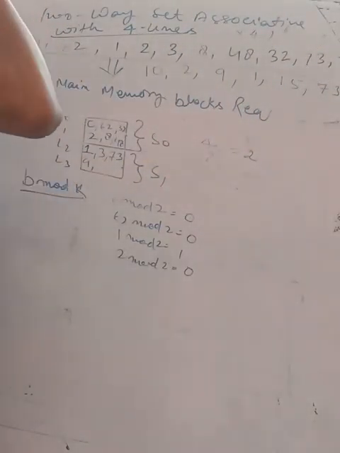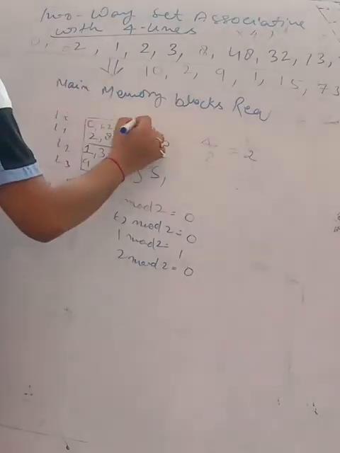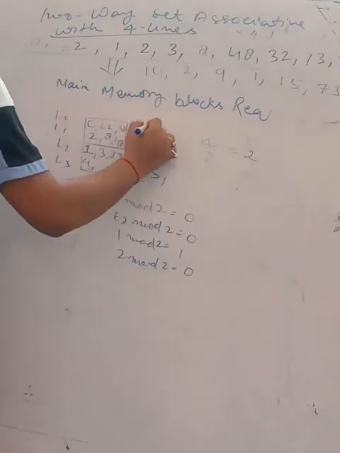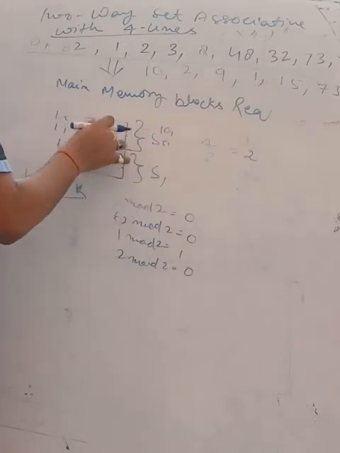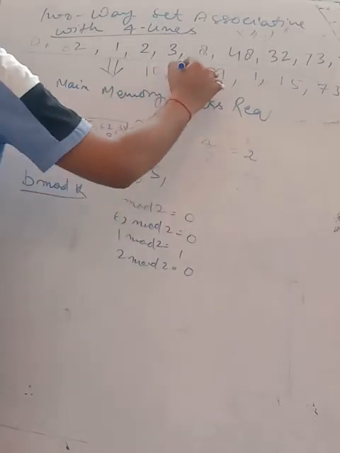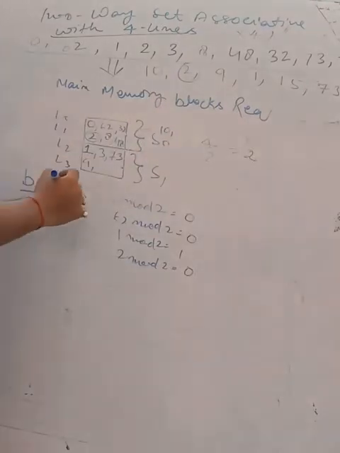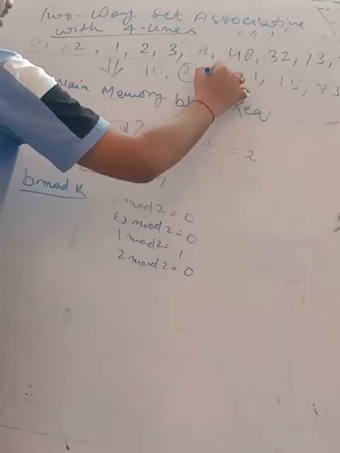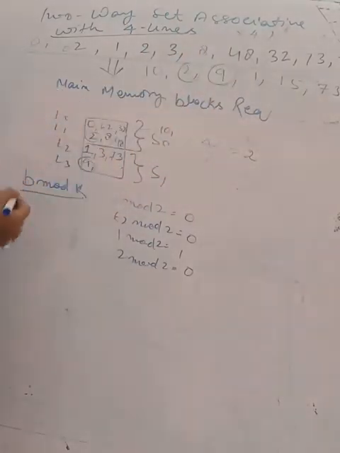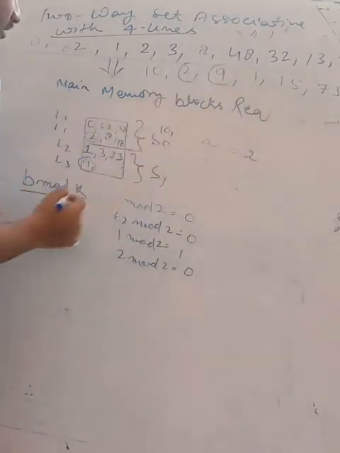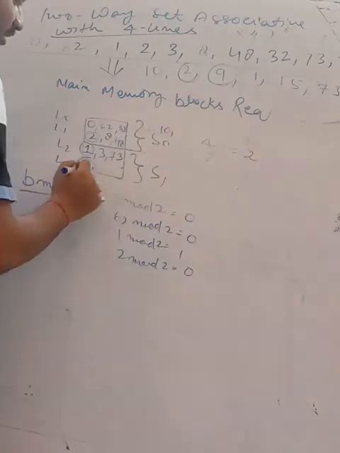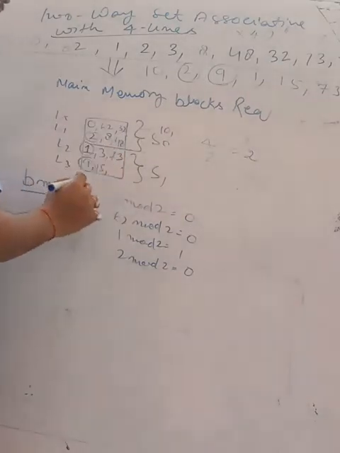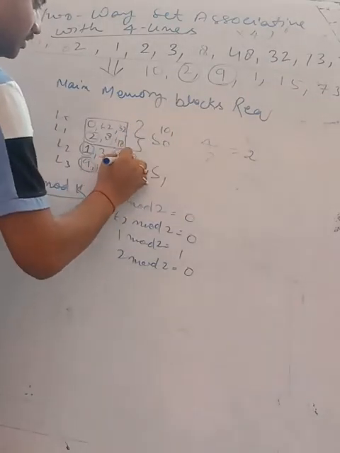When we talk about 10, it will be stored in this particular block. 2 is already here, so it will be a hit on 2. 9 is already here, so it is a hit. 1 is already here, so it is also a hit. 15 will be stored here. 73 is also a hit.